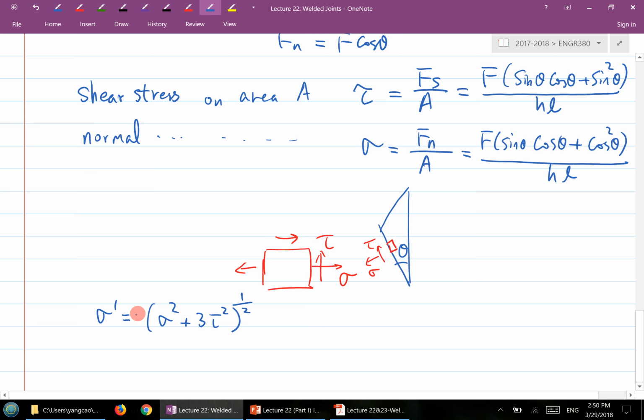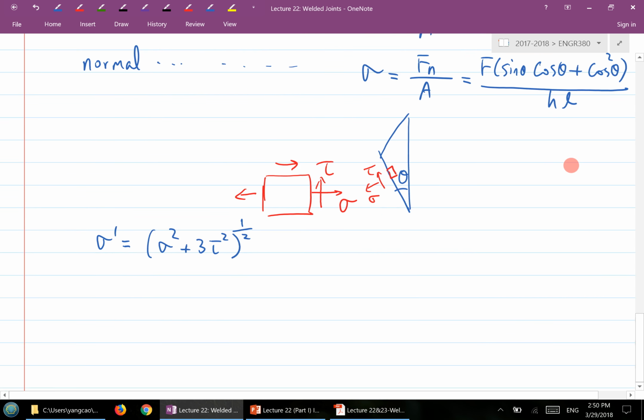So now the next step: if I want to know at which angle theta the sigma prime becomes maximum, what do we do? Mathematically, you take the derivative of sigma prime with respect to theta and set it equal to 0. That's how you find the minimum or maximum, the critical point, basically.